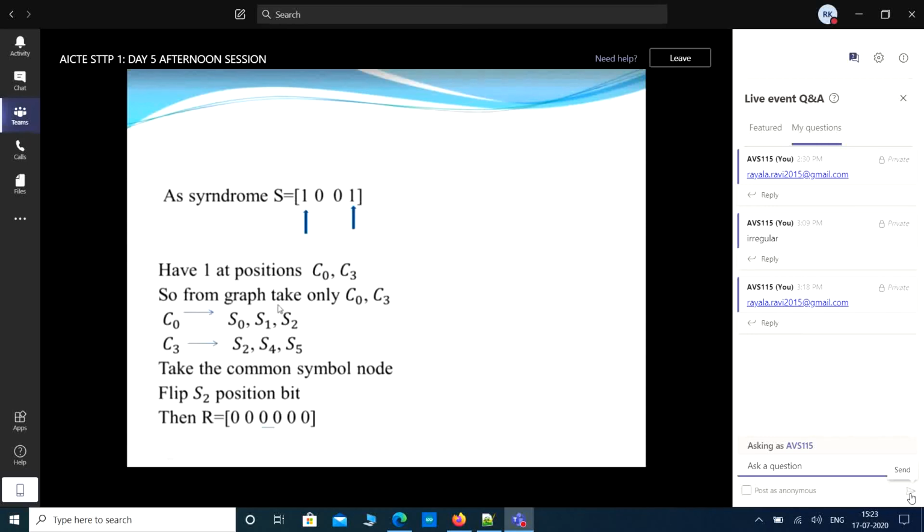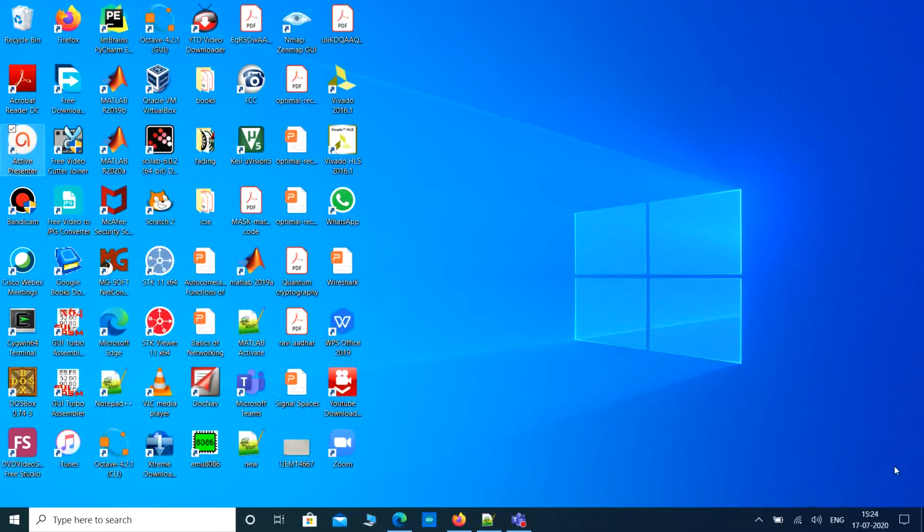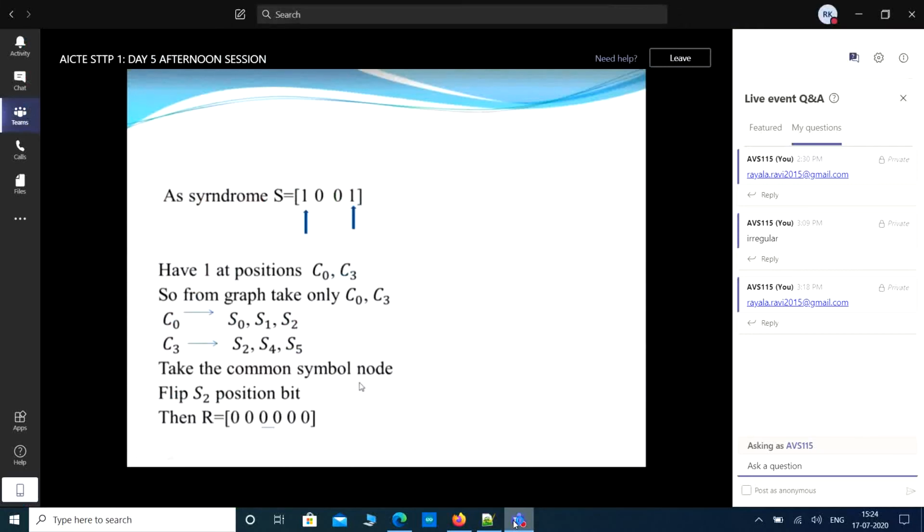In C3, S4 and S5 are there, but in C0 they are not. In C0, S0 and S1 are there, but not in C3. The only common symbol node is S2, so we flip the position of S2. S means it is a symbol.